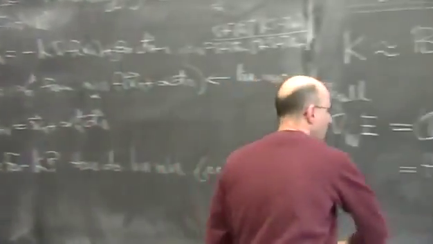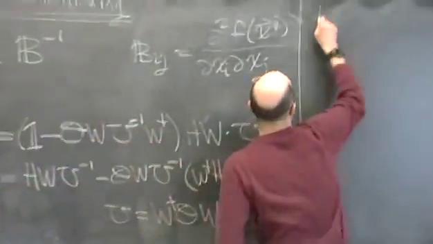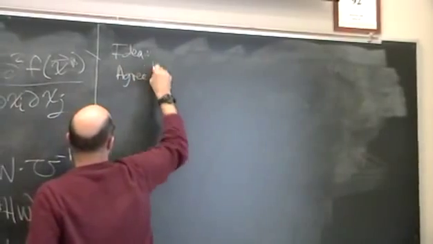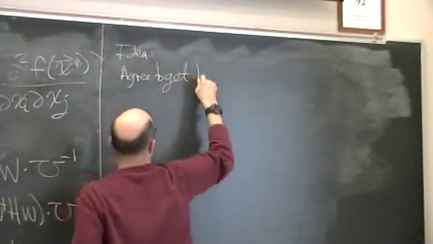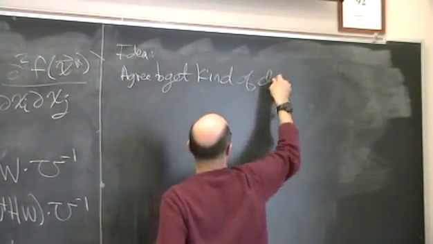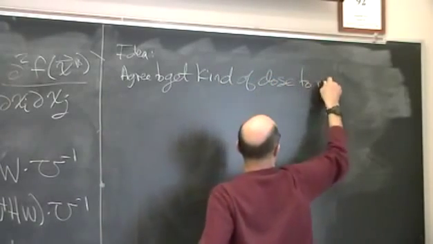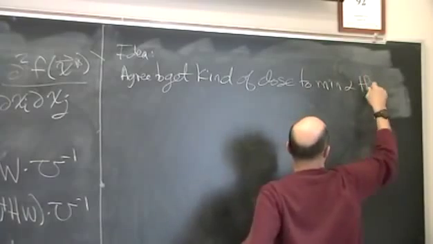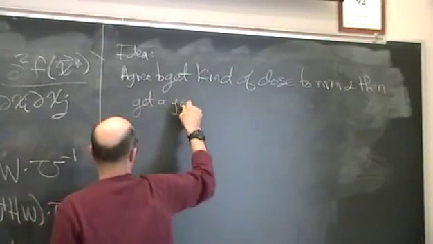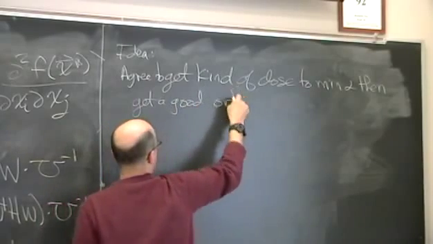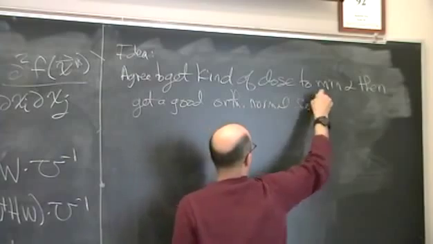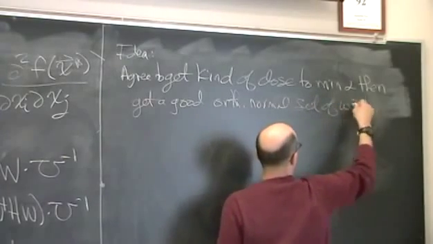So the first idea is that we're going to get kind of close to the minimum, and then get a good orthonormal set of wave functions.